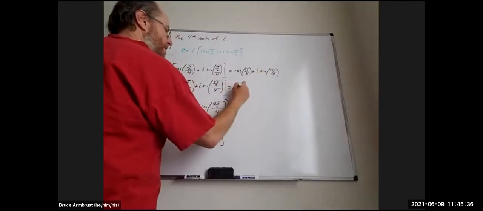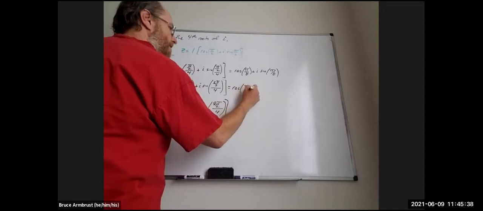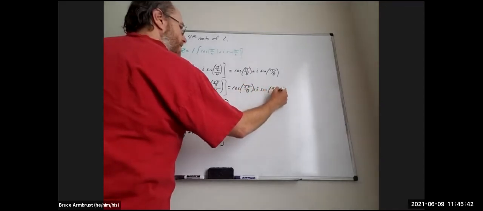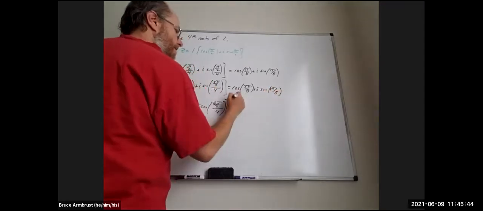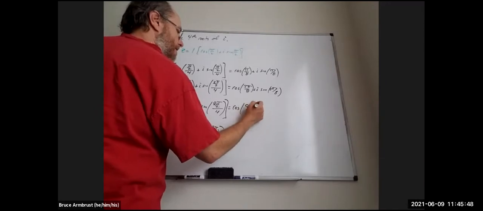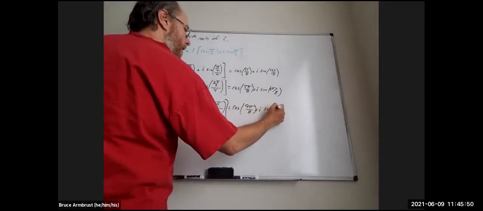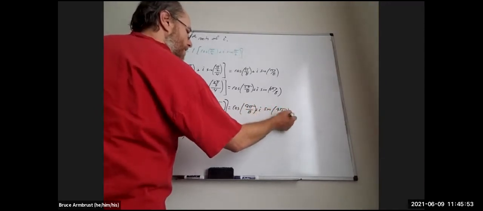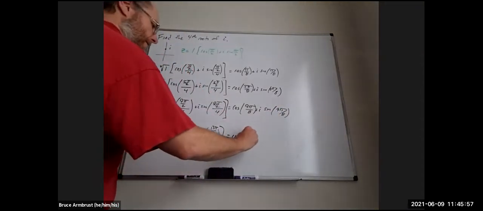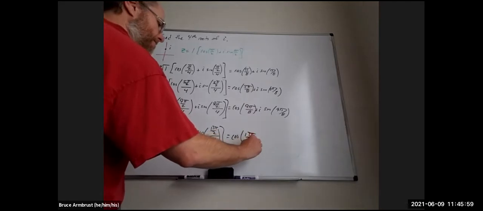The next one's going to be cosine of 5 pi over 8 plus I sine of 5 pi over 8. The third one, well, now it's 9 pi over 8. And the last one is going to be 13 pi over 8.